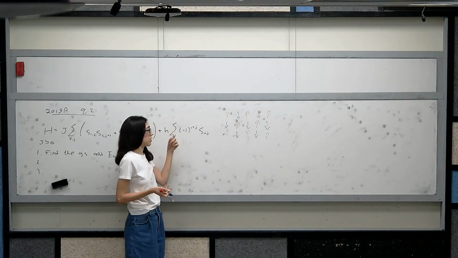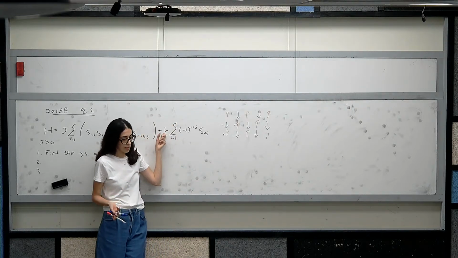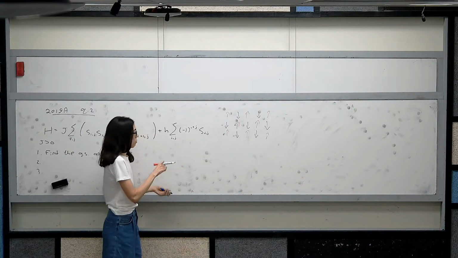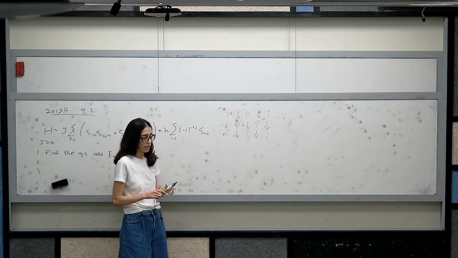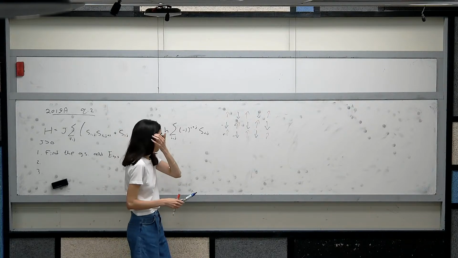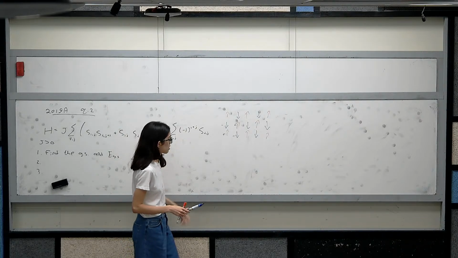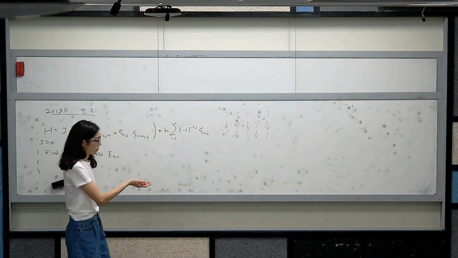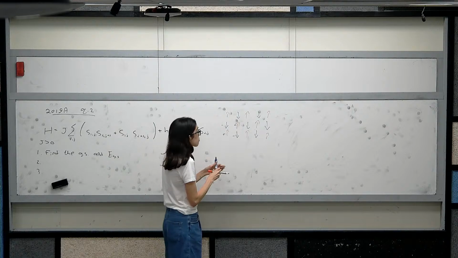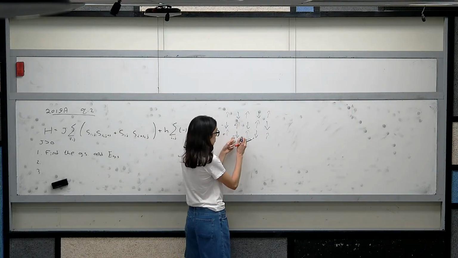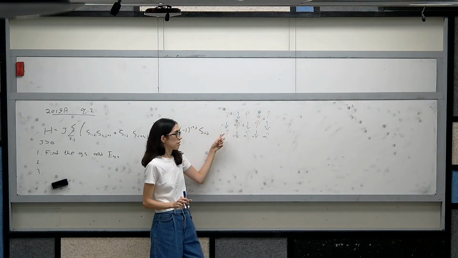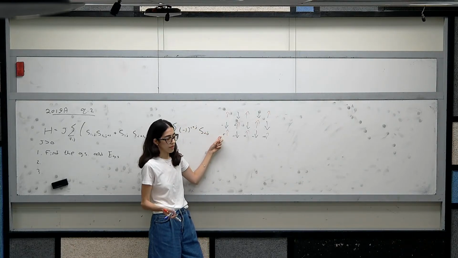So in addition to the interaction, we also have the external magnetic field. You see from the way it looks, i plus j is going to be odd and even, depending on the sum. So half of the spins are going to have magnetic field plus and half of them are going to be minus. So if, for example, I have plus minus plus minus plus minus, that is going to be the thing that breaks the symmetry.